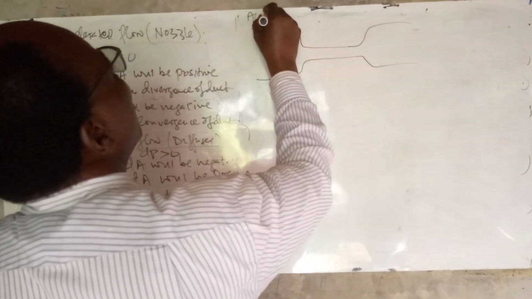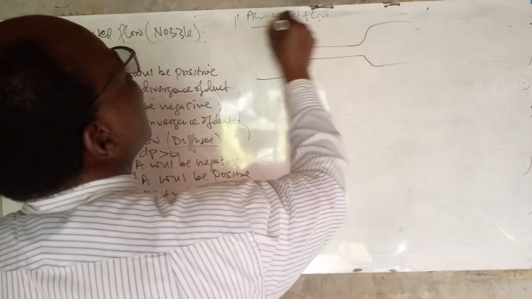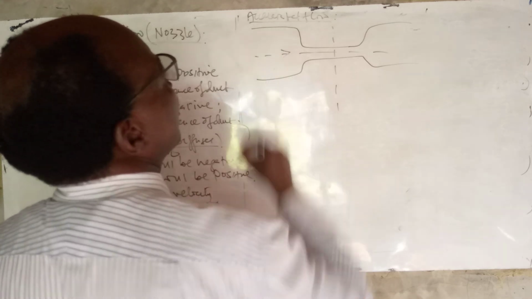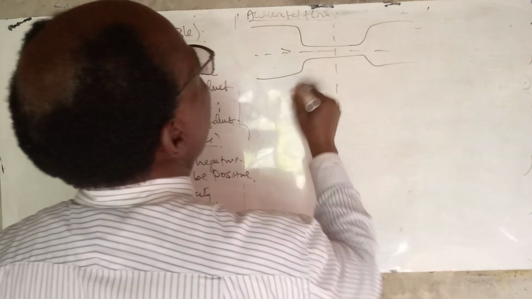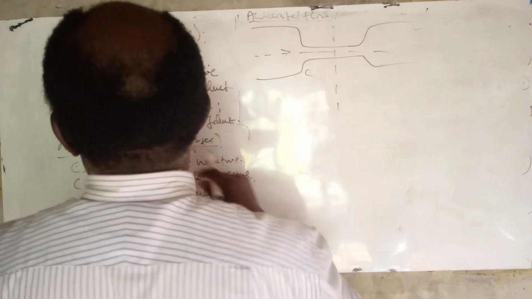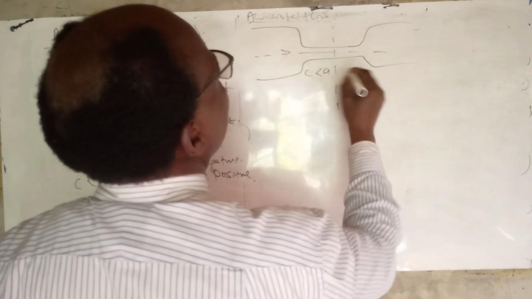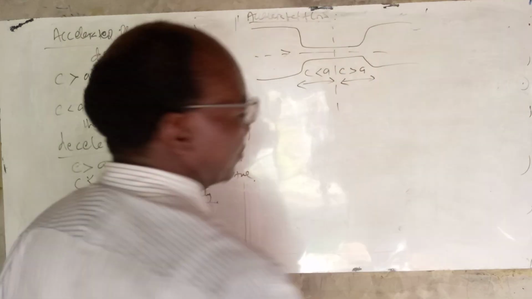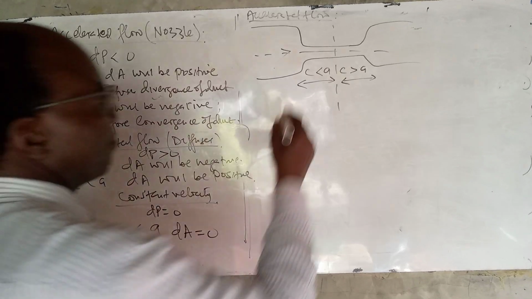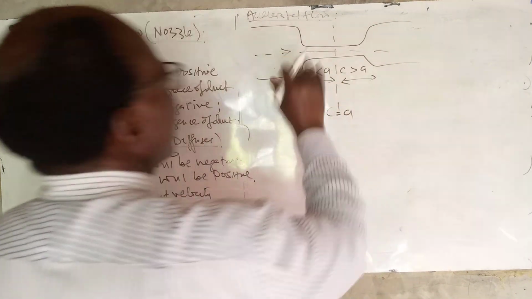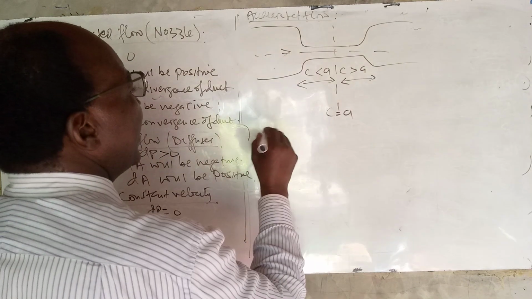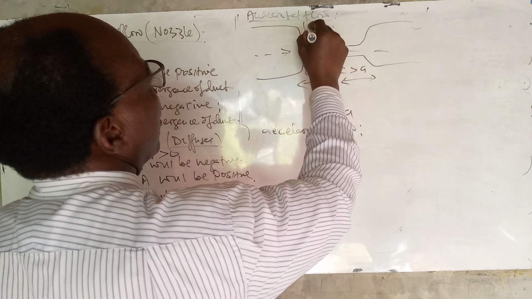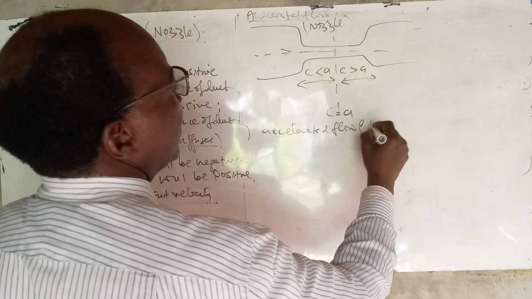In the case of accelerated flow, here C is less than A, and in this region C is greater than A, subsonic to sonic, and of course here C is equal to A. And in the case of decelerated flow, let's remember we are talking about a nozzle here, and here we're talking about a diffuser.